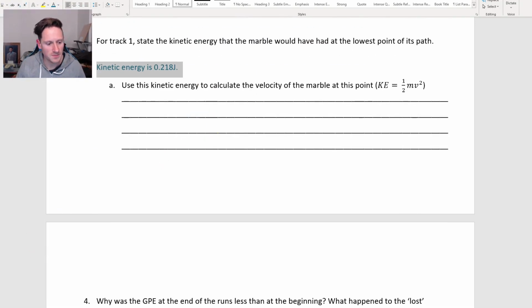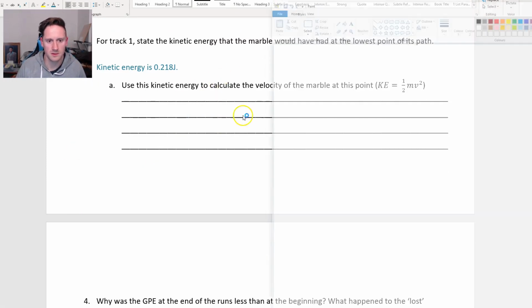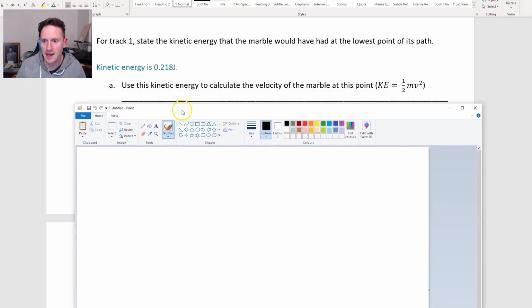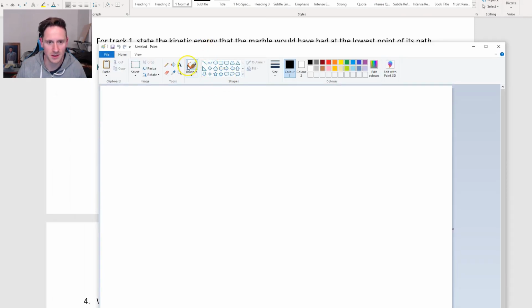The calculation I'm going to base off of this. Now I'm going to do something with you guys because this is important. So KE, which is kinetic energy, equals half mv squared.